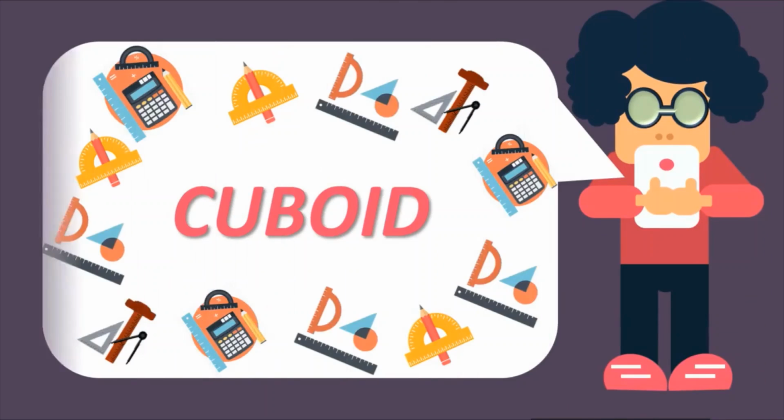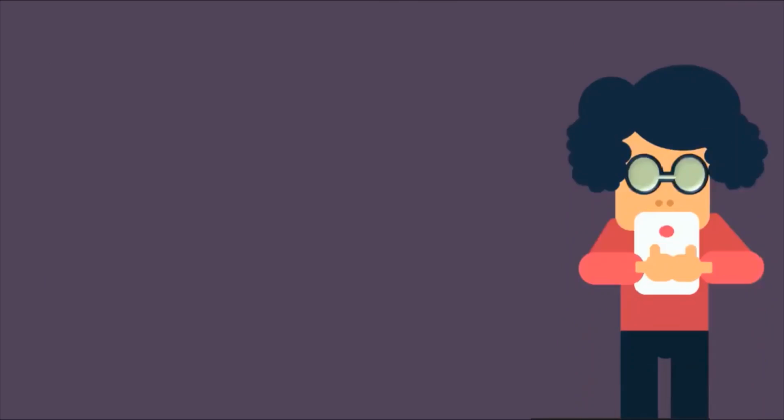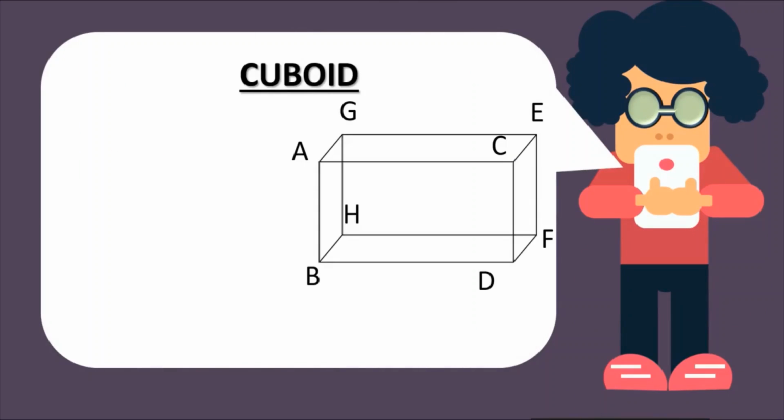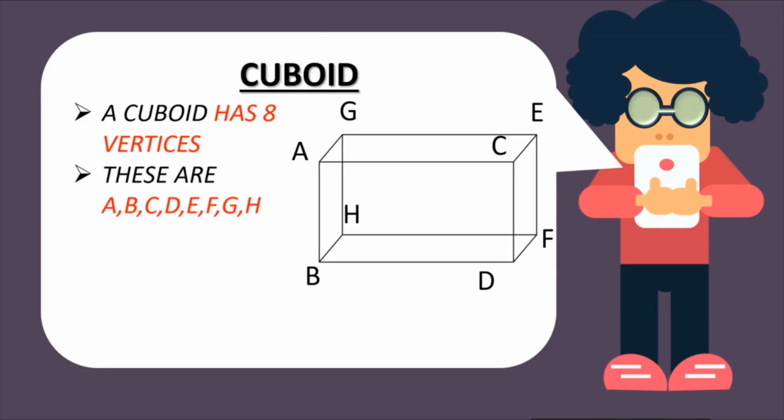Next is a cuboid. Now let us see how many vertices a cuboid has. That is the corners. So a cuboid has 8 vertices. They are A, B, C, D, E, F, G and H. Now let us find out how many edges it has.